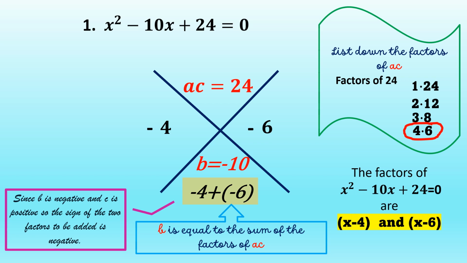So b is equal to the sum of the factors of ac. The factors of x squared minus 10x plus 24 equal to 0 are x minus 4 and x minus 6.